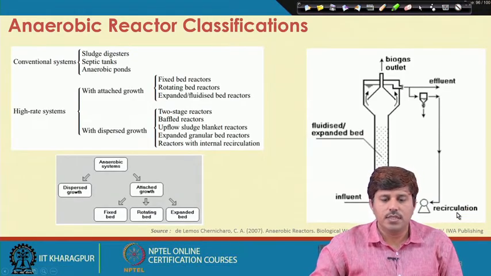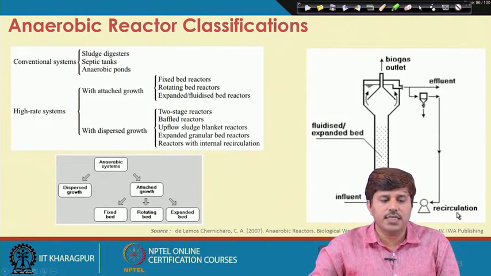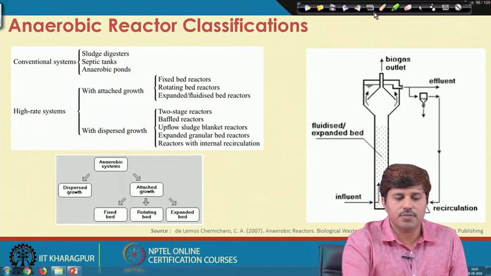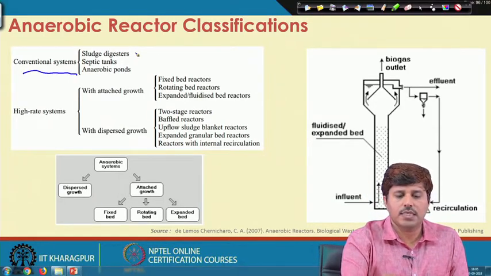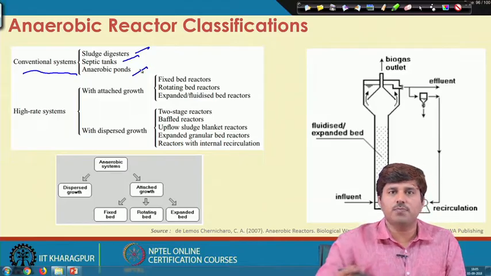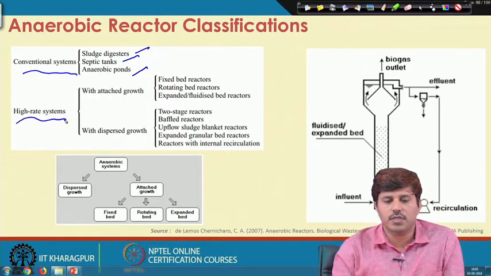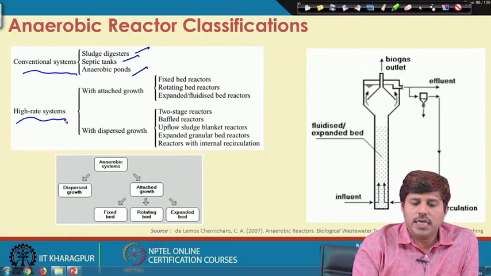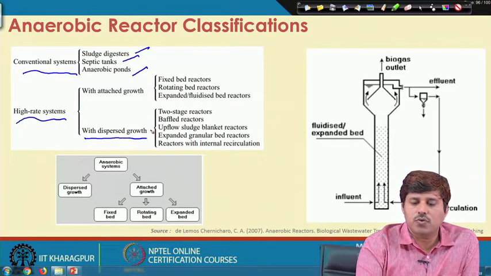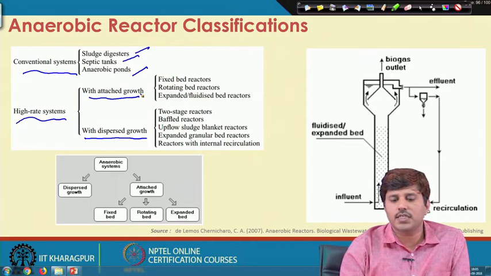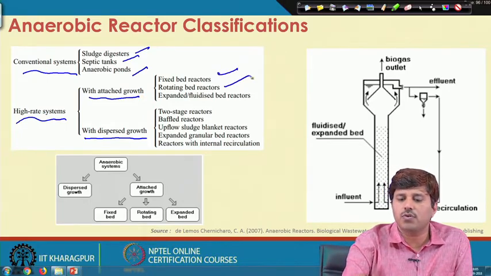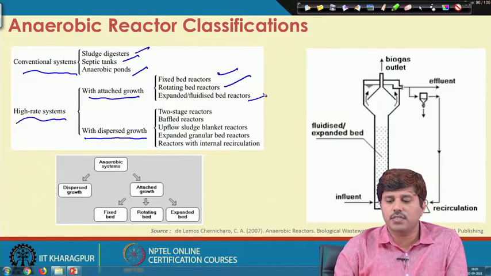If you see the classification of these reactors, there are conventional systems like sludge digesters, septic tanks, or anaerobic ponds, which have been used since ages, and there are high rate systems for wastewater purposes. These high rate systems are with dispersed growth or attached growth. In attached growth we can have fixed bed reactors, rotating bed reactors, or fluidized bed and expanded bed reactors.